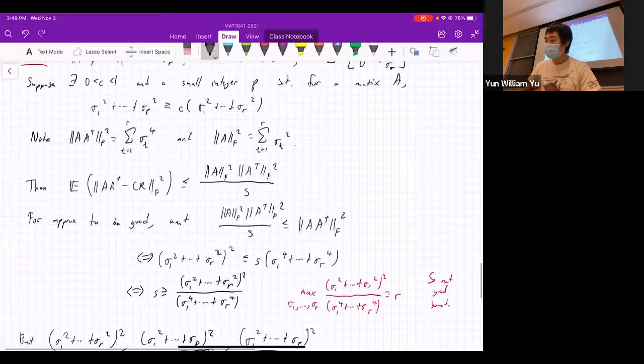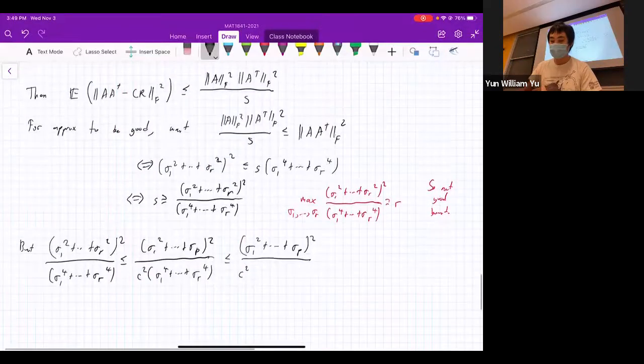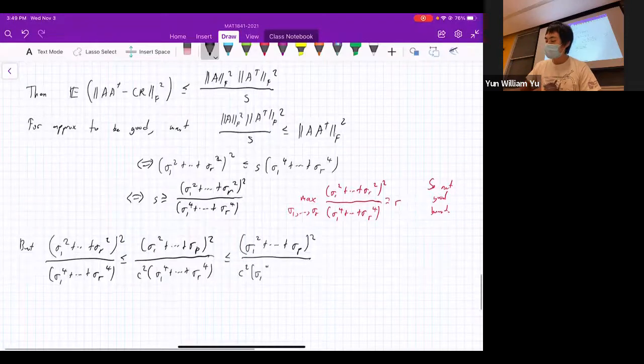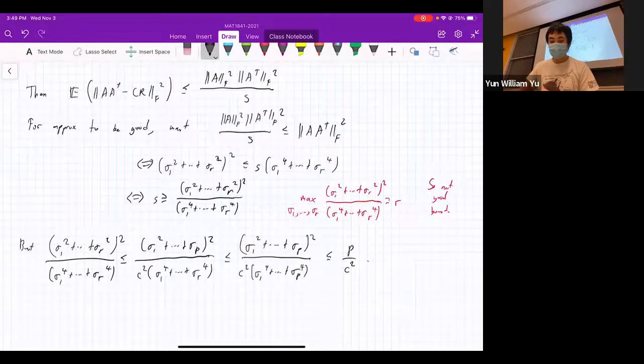Did I mean c squared or did I mean c there? No, I did mean c squared. Why is that? Because if you make the denominator smaller, then clearly you're just making the fraction bigger. And this is less than or equal to p over c squared.